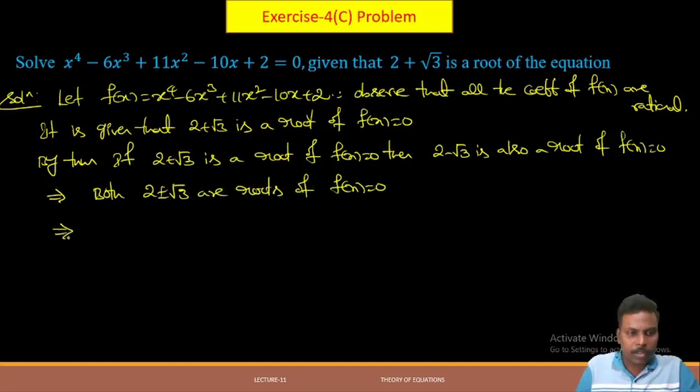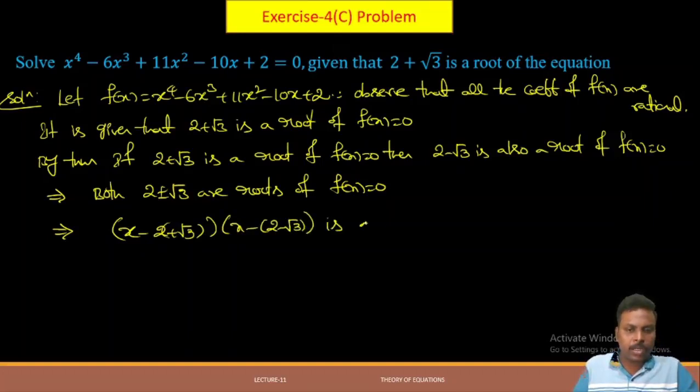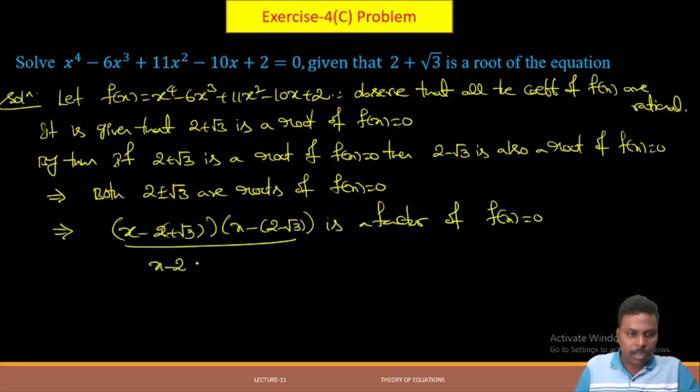This implies x minus 2 plus root 3 and into x minus 2 minus root 3 is a factor of f of x is equal to 0. So let me expand it. So this becomes x minus 2 minus root 3 into x minus 2 plus root 3 is a factor.